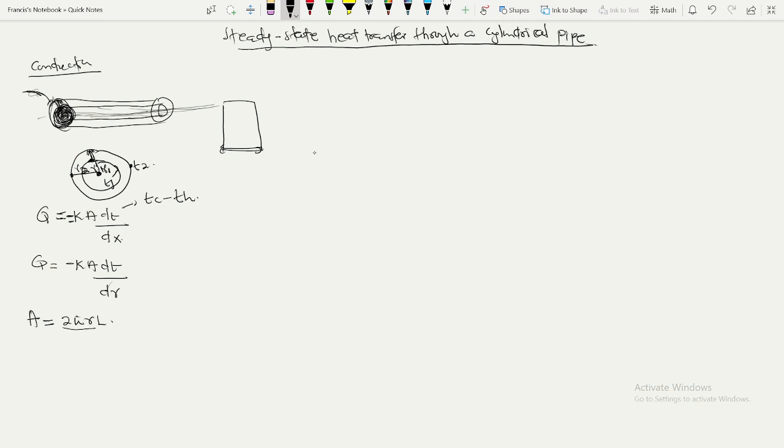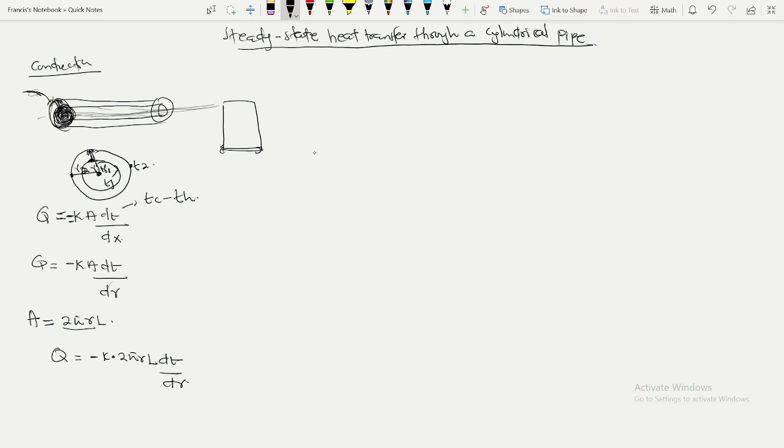So 2 pi r is the curved surface area, right? And then the length will elongate it to a certain length. So this becomes our area. So Q becomes negative K multiplying 2 pi rL and then dT on dr.